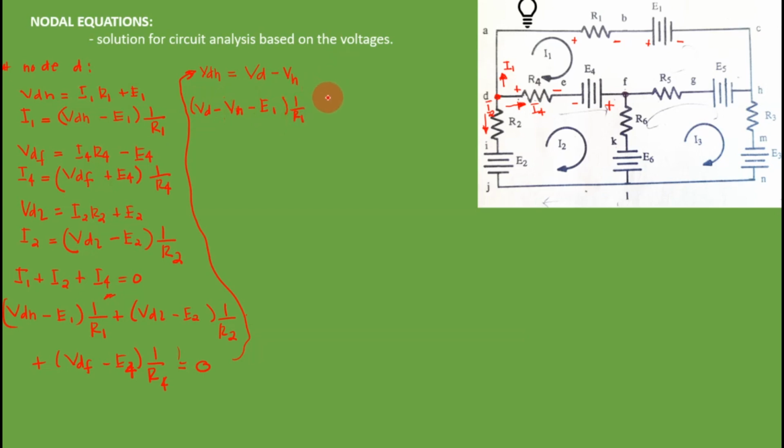I'm showing it to you part by part. So DL is V sub D minus V sub L minus E sub 2, which is 1 over R2. Then I'll again get the point value of the voltage V sub DF, that is V sub D minus V sub F and minus E sub 4, 1 over R4, and that is equal to 0.